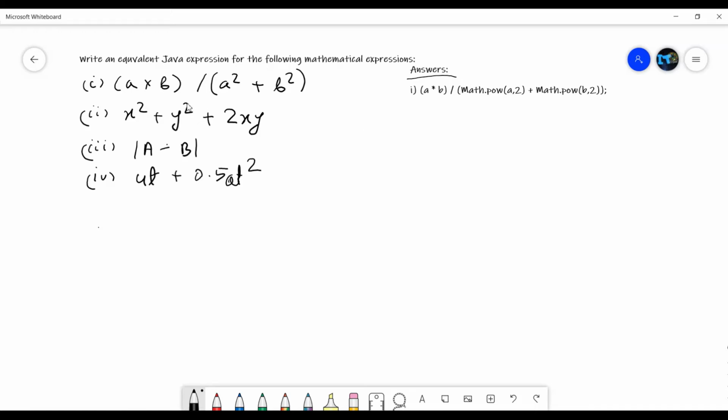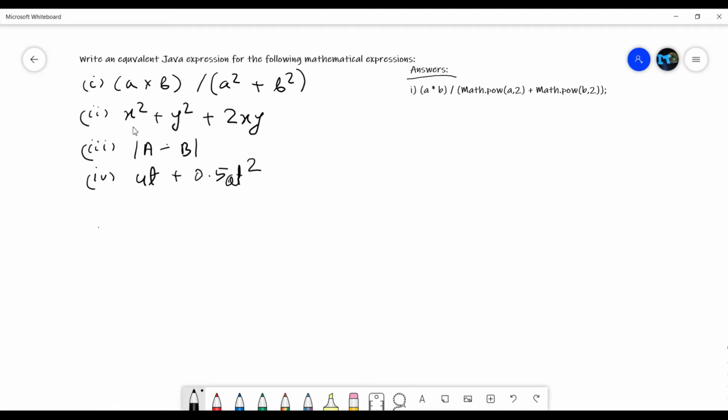These are objective type questions. As you know, in the current and upcoming semester, all the Java questions are objective types, so you have to practice these types of questions. Here are some of your questions.